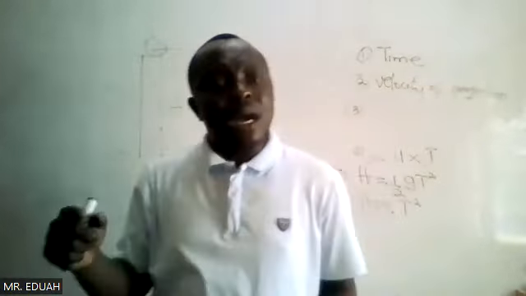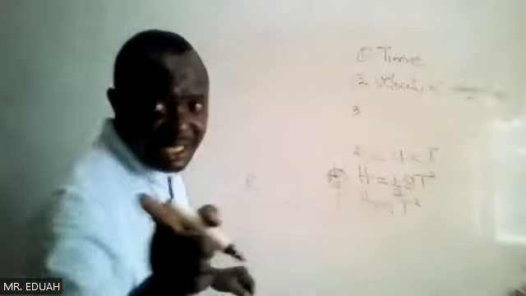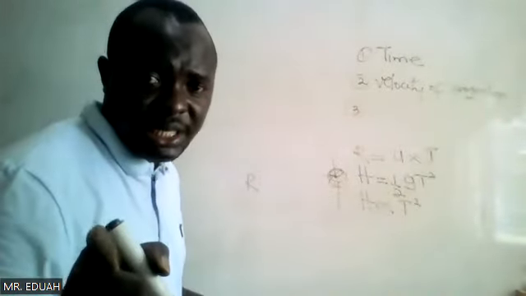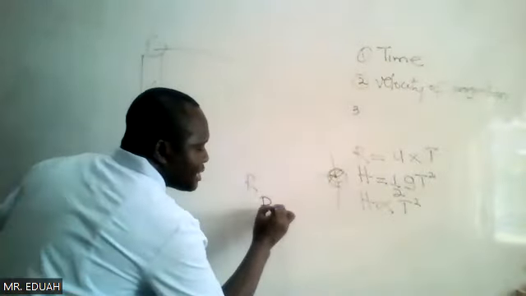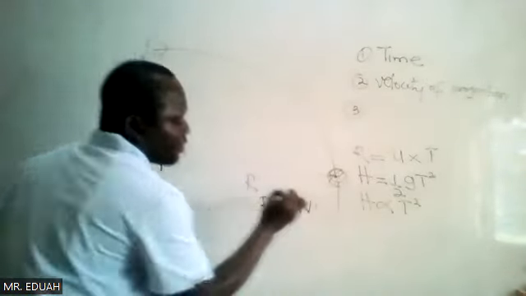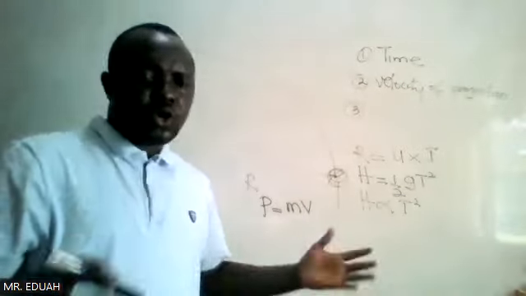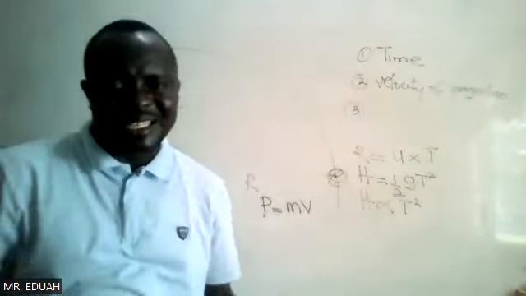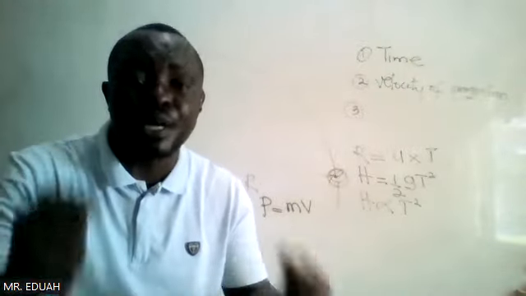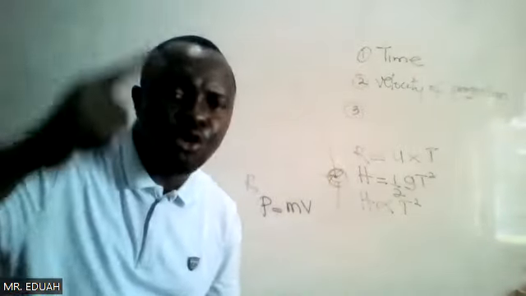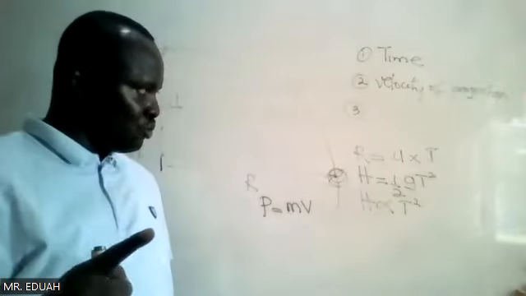So momentum, that's the next topic. We'll look at collision, momentum, and then collision. Momentum is equal to mass times velocity. So long as the body has a mass and it's in motion, then it means it has momentum. So every moving body has momentum.